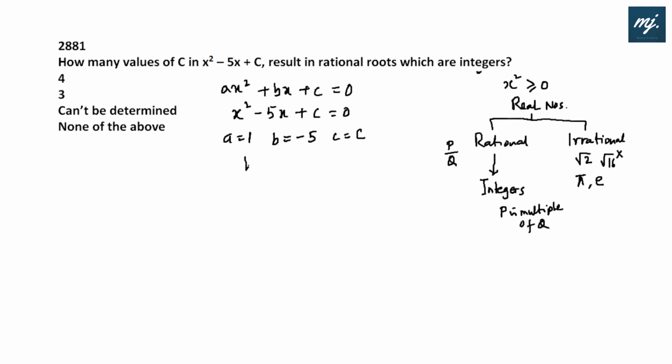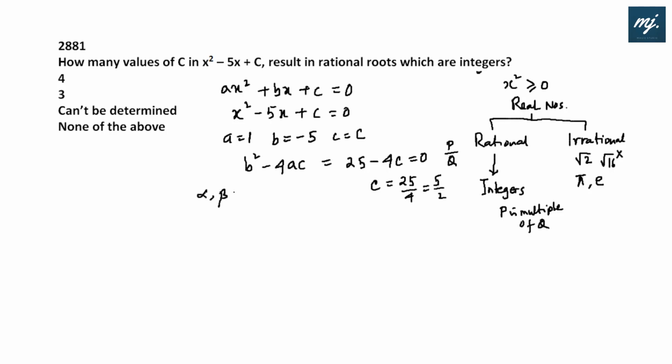Then the discriminant b square minus 4ac would be 25 minus 4c. If this is 0, then c is equal to 25 by 4. When c is 25 by 4, roots would be equal. And what would be the equal roots?